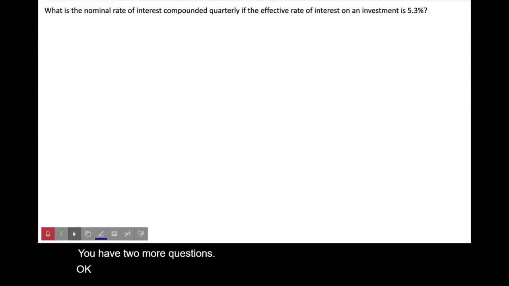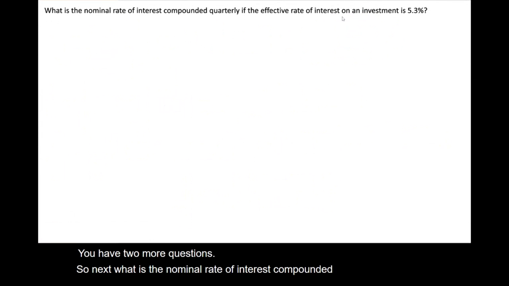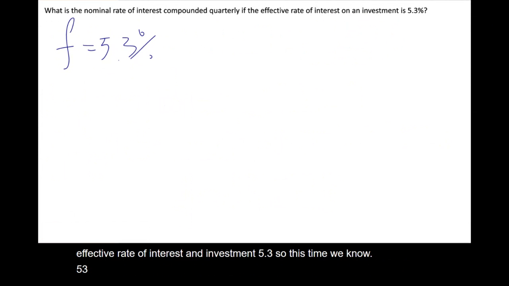Okay, so next, what is the nominal rate of interest compounded quarterly if the effective rate of interest on an investment is 5.3%? So this time we know F, 5.3%, and we're looking for J4. They have to be equivalent, right?